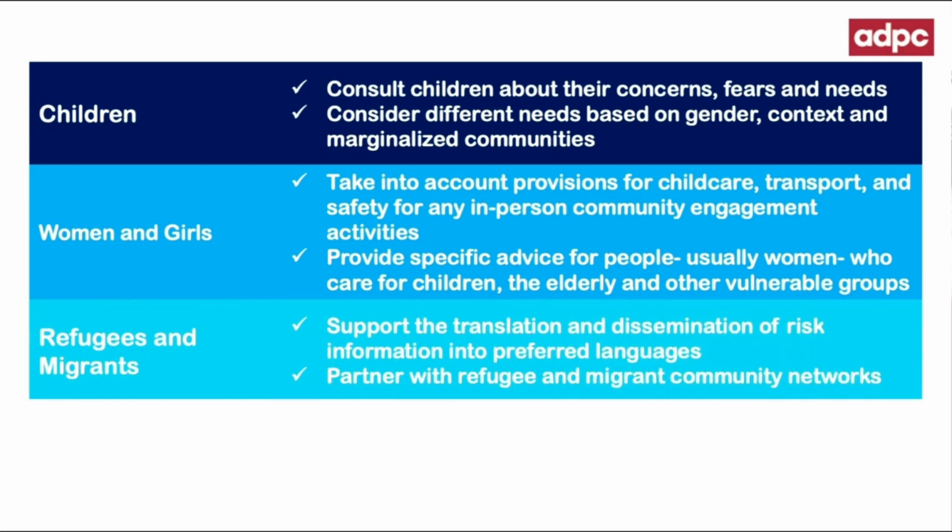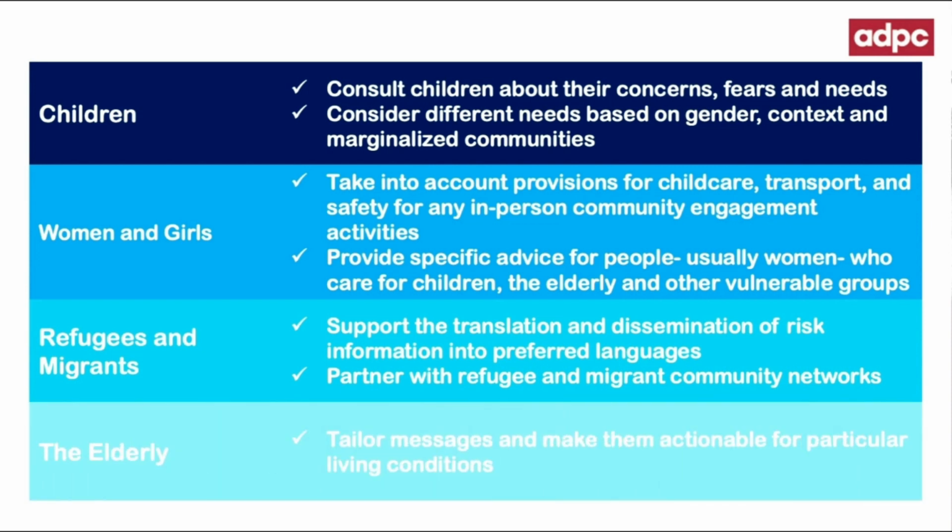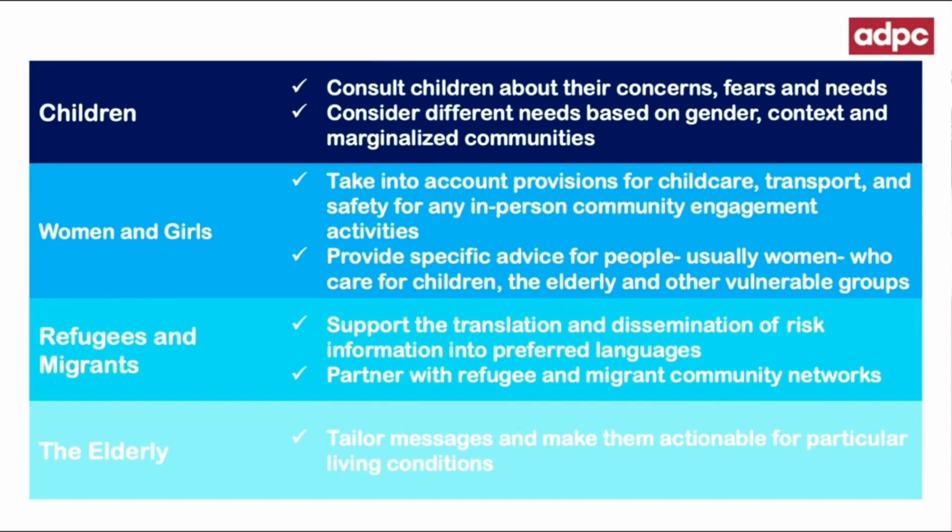For refugees and migrants, you can support the translation and dissemination of risk information into preferred languages and partner with refugee and migrant community networks. For the elderly, you can tailor messages and make them actionable for particular living conditions. For more guidance on how to ensure that your approaches are gender responsive and inclusive, I have included a few resources in the suggested readings tab of this lesson.